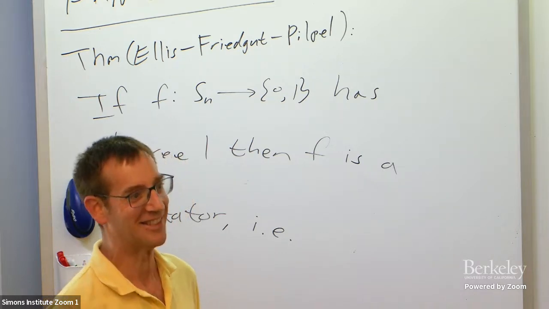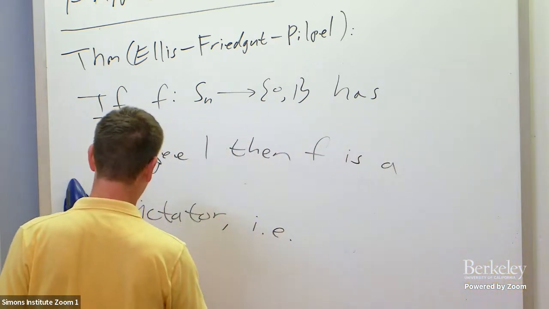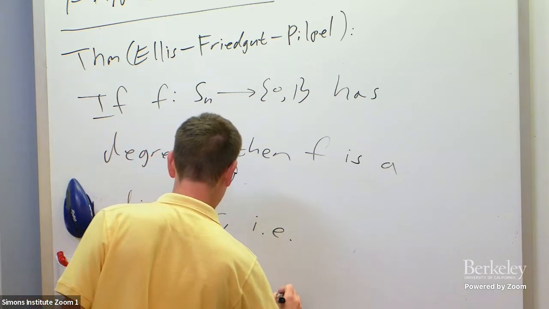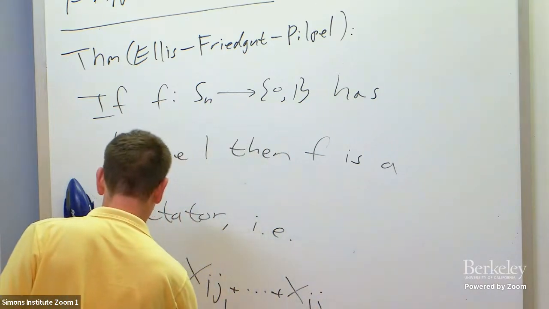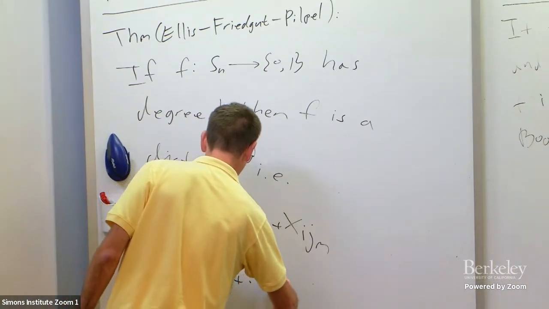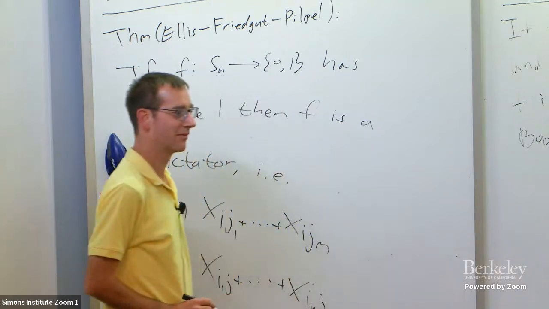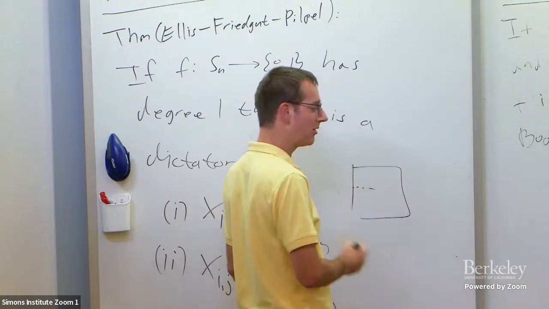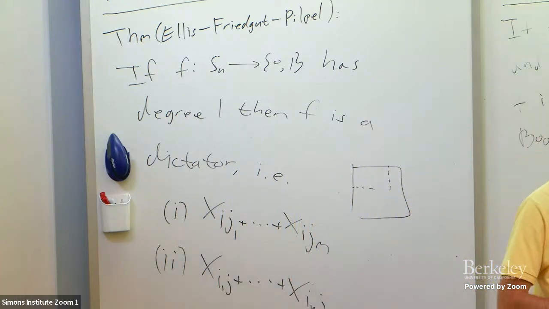Either you do something like x_{i j1} plus ... plus x_{i jm}, or you do x_{i1 j} plus ... plus x_{im j}. Or pictorially, if this is a permutation matrix, then either you're summing something along the same row or something along the same column. This is proved using the Birkhoff polytope.